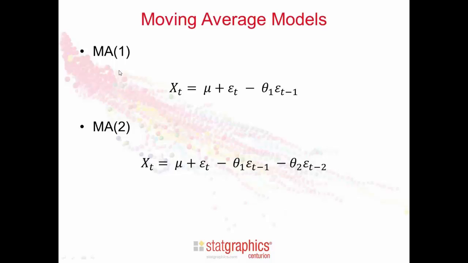So basically x sub t is equal to mu plus a random deviation at time t minus some multiple of a random deviation in the previous time period. And likewise, an MA2 model looks back at the shocks in the previous period and also in period t-2.